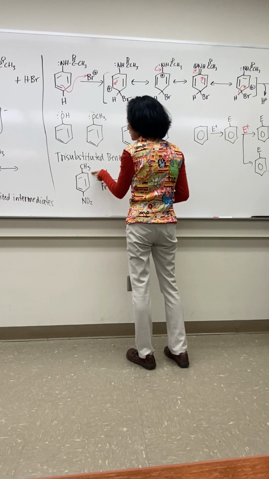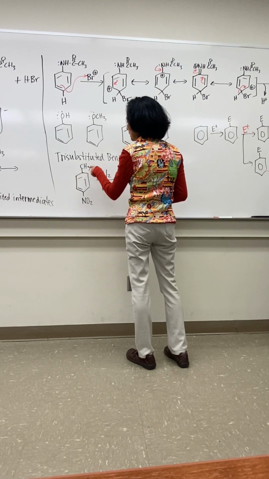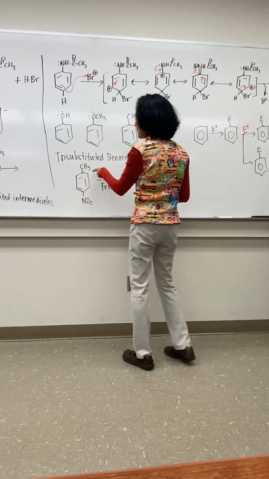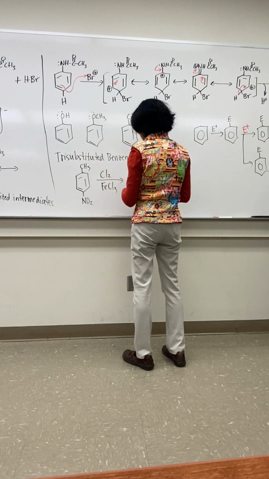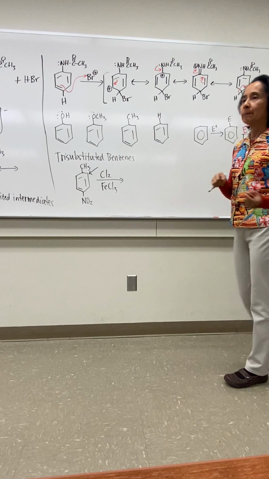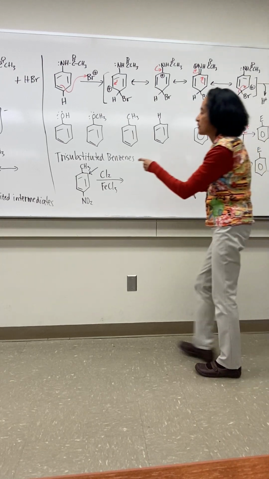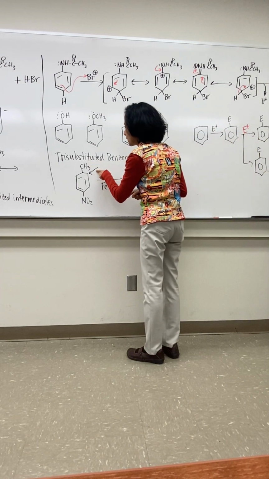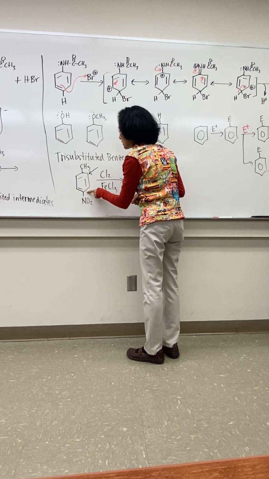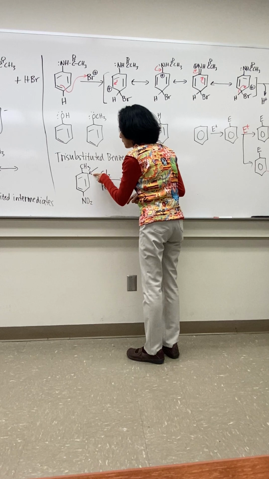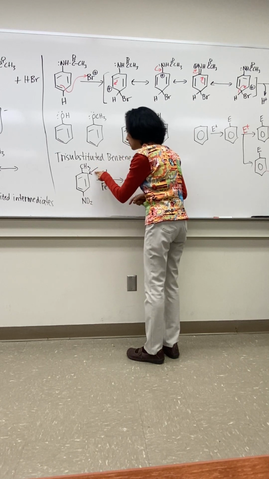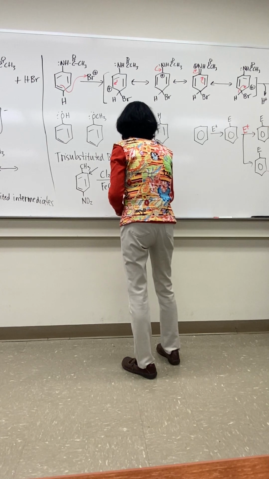It's going to go here. But this one is ortho-para, but the para is already occupied. So that means that this position is reinforced. It's going to go here. Okay? Because this one favors the ortho, but the para is already occupied, so you cannot replace this. And this one is a meta director, so this one is reinforced. That means that the chlorine is going to go in this position. So this is the product.